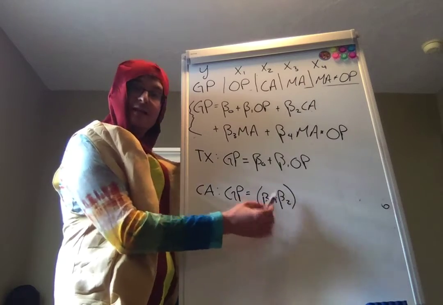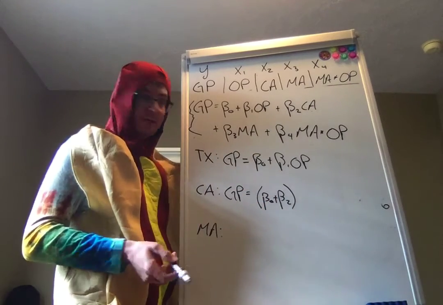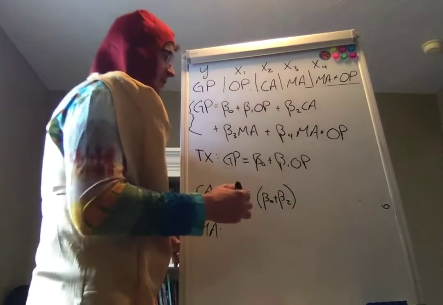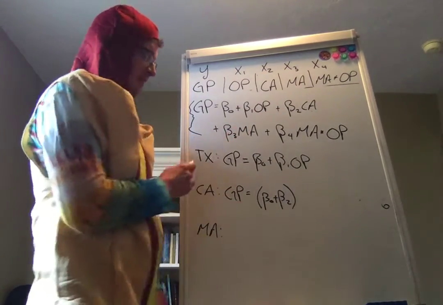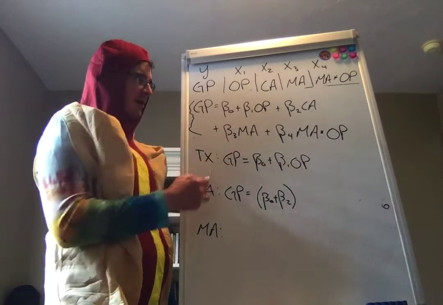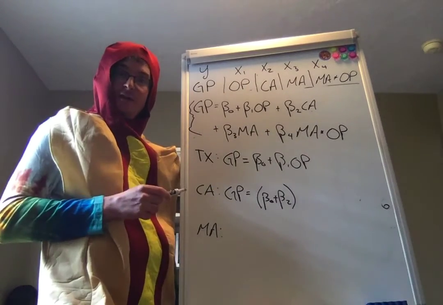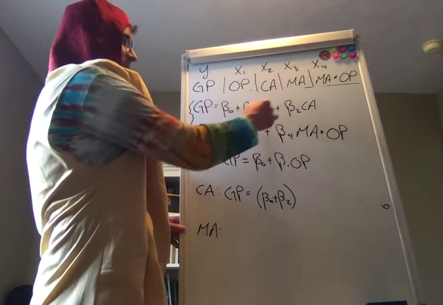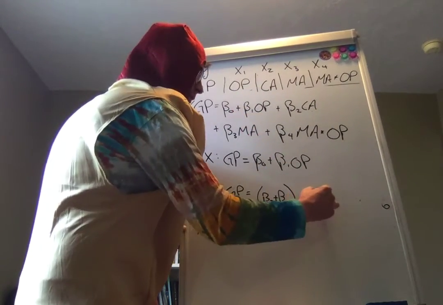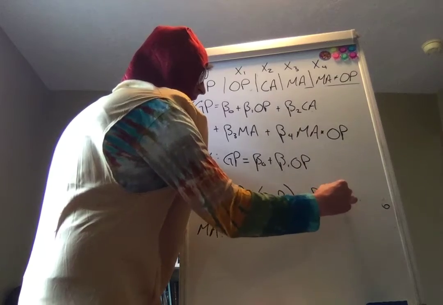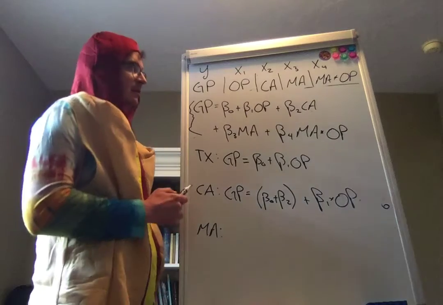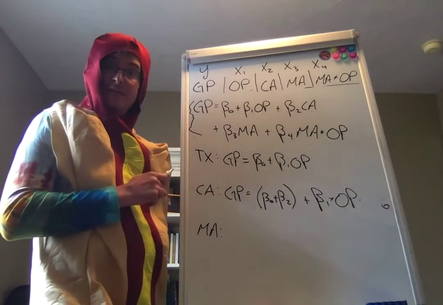Beta 2 is the difference in the intercept between Texas and California. Okay? So now, Massachusetts is 0 in California, so that's gone. But I still have my beta 1 oil price right here, because that is not being multiplied by any dummy variable. So that sticks around.